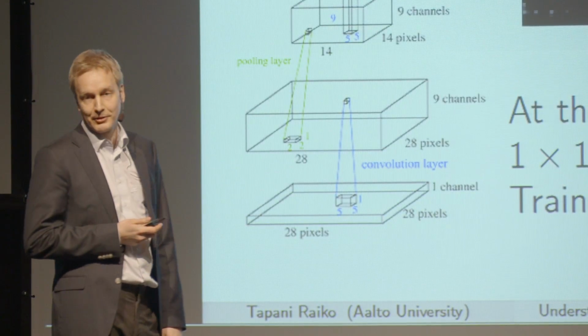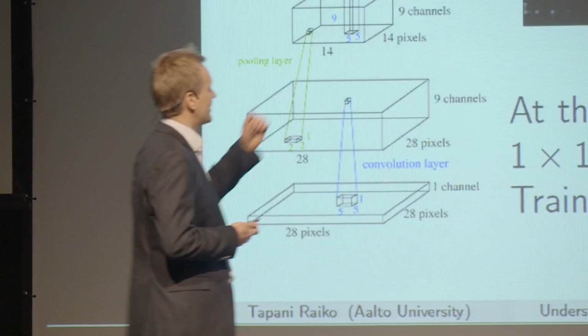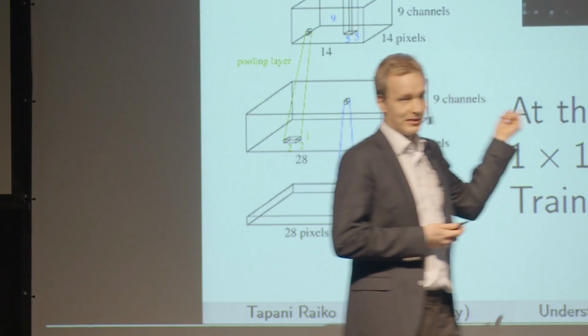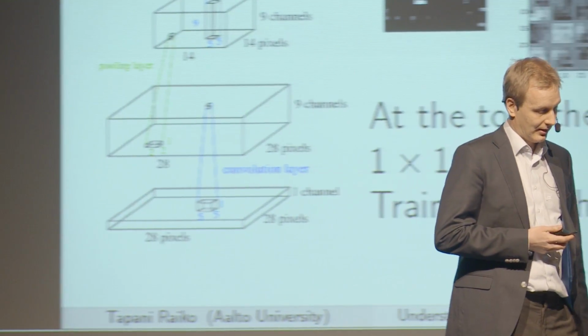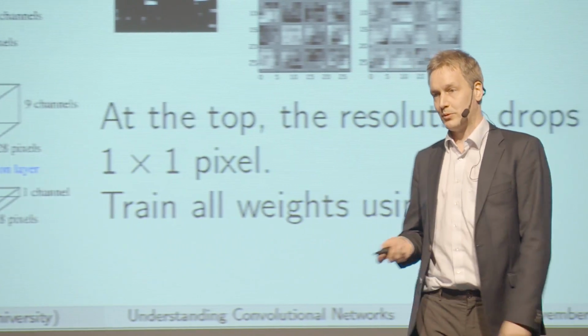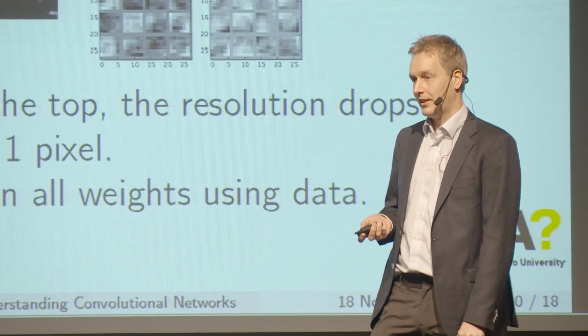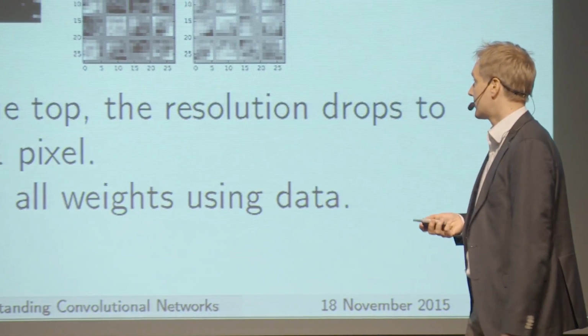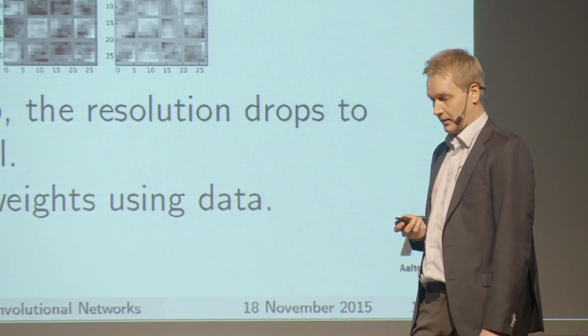The probabilities of it belonging to different classes from digit 0 to digit 9 are here in the top middle. And in this case it was very certain that it's the handwritten digit 8, which is the correct answer.